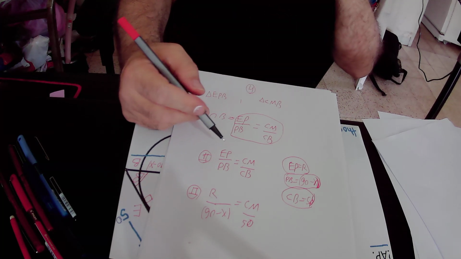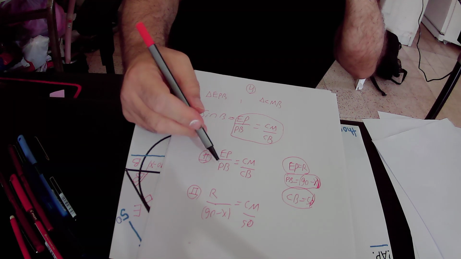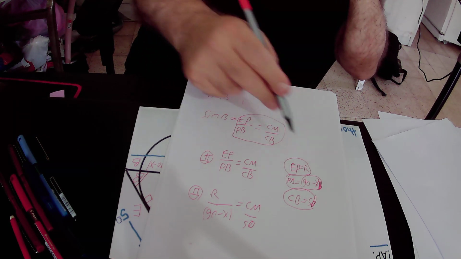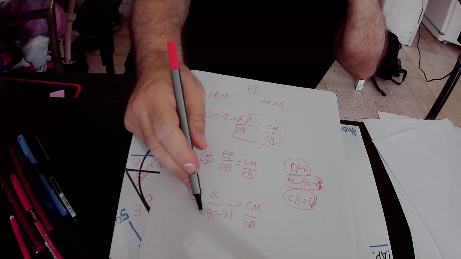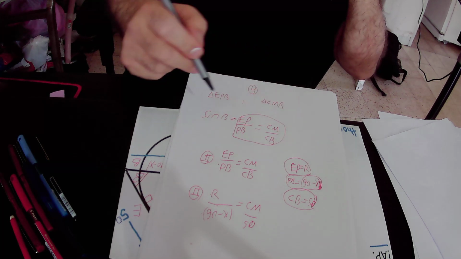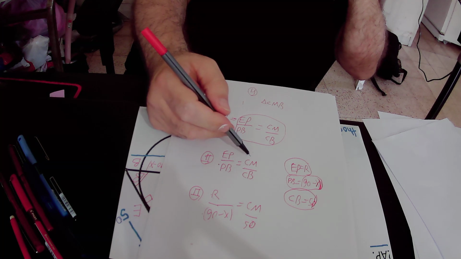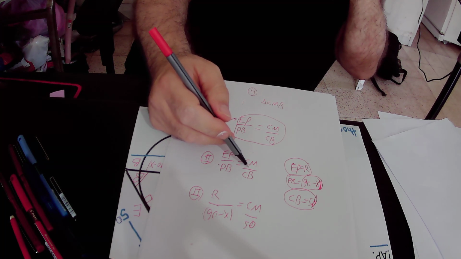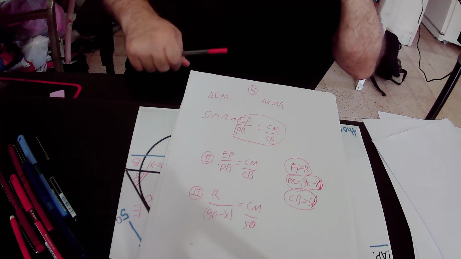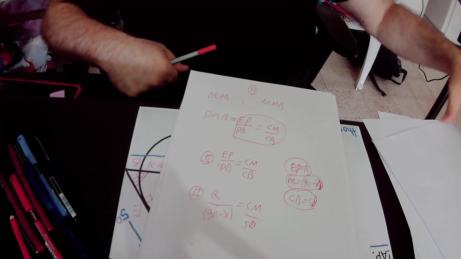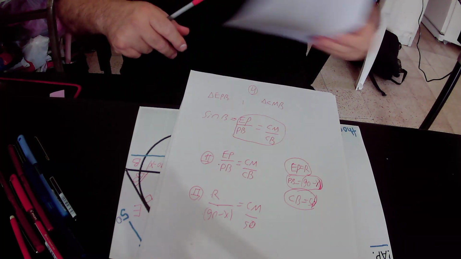So actually I substituted EP by R because EP equals R, and I substituted PB by 90 minus X because PB equals 90 minus X, and CM is left as it is, and I substituted CB by 50 units because CB equals 50 units. In the next step, we will divide both sides of the equation by CM.